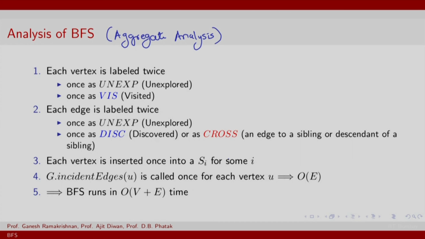In aggregate analysis, summing the number of incident edges over all vertices U gives the number of edges itself. So the total time is order of V, which comes from the first three steps, plus order of E. So total time is order of V plus E.